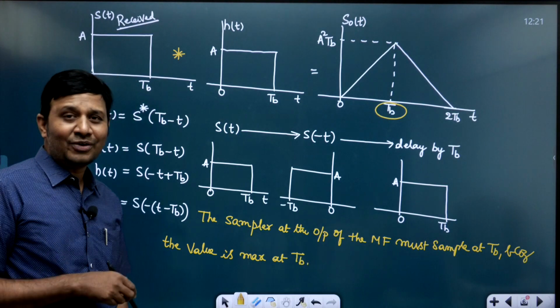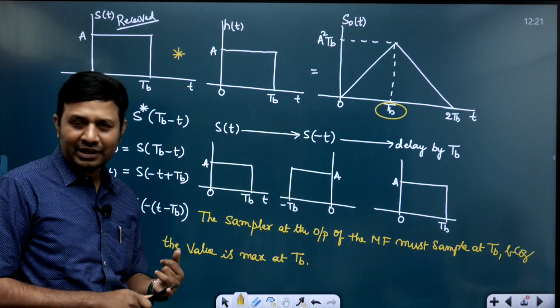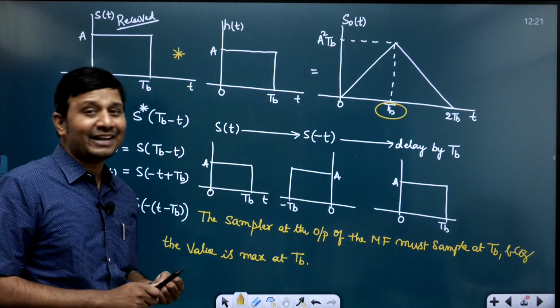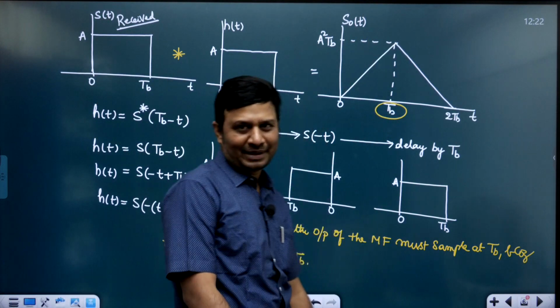Right? And we have seen one more purpose of the matched filter: it has to increase the signal to noise ratio, and it must tell us at what point we have to sample. So at tb we have to sample.